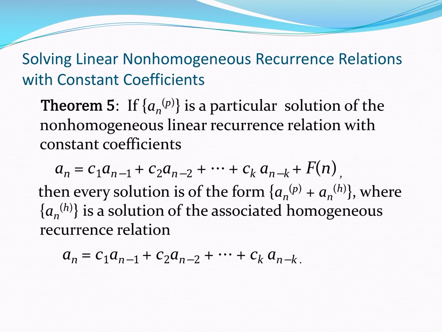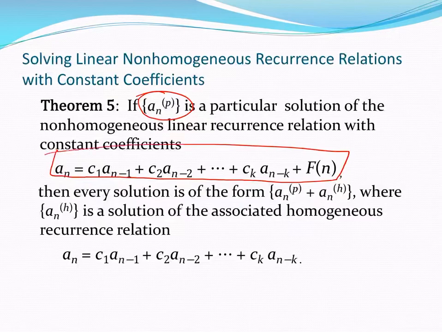Now, the proof is in the book, Theorem 5. It's quite elegant and accessible. I recommend you take a look at it. But what it says is that if you have a particular solution of the non-homogeneous recurrence relation, then if we add that to any solution to the associated homogeneous recurrence relation, that will be the general solution to the non-homogeneous recurrence relation.